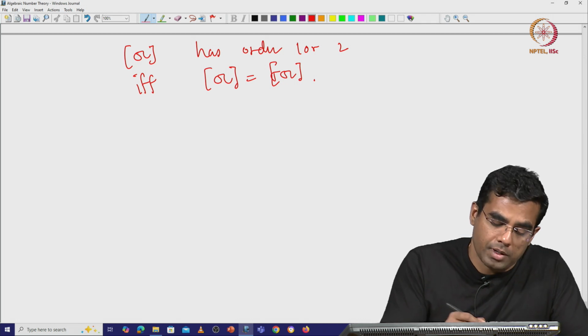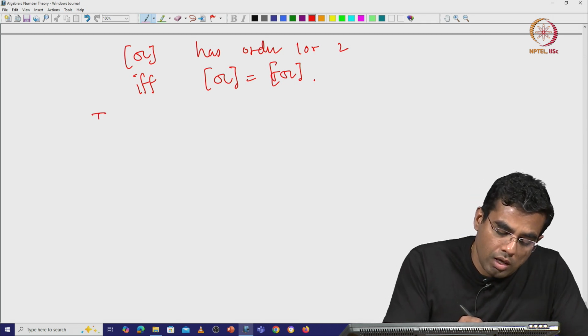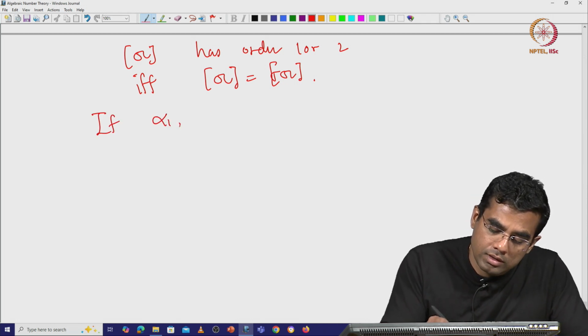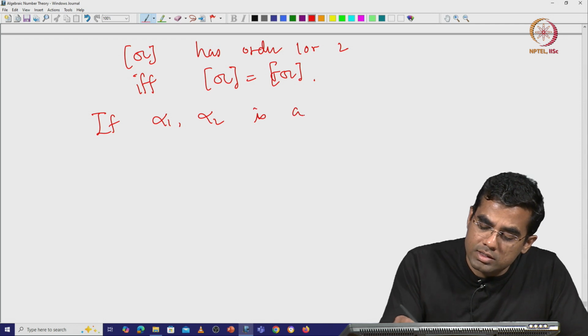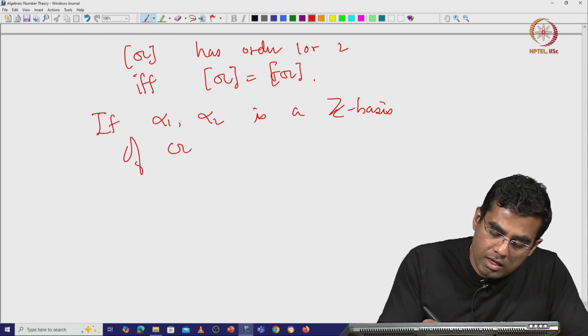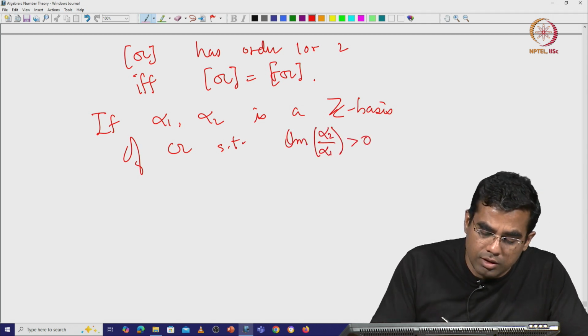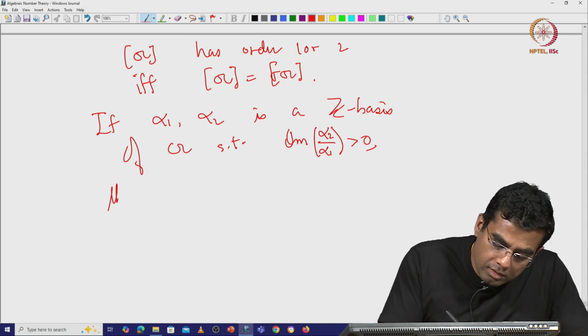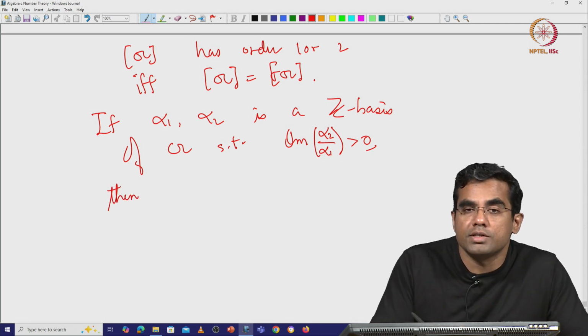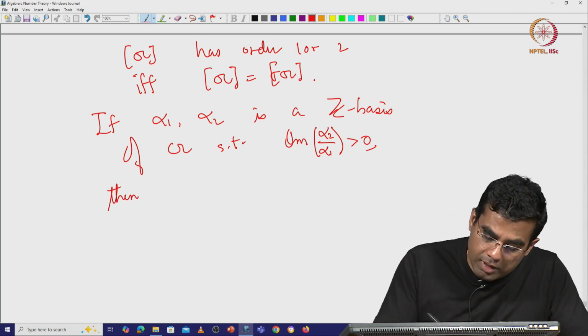How did we get that bijection? If alpha 1, alpha 2 is a Z-basis of A such that the imaginary part of alpha 2 by alpha 1 is bigger than 0, then we have a Z-basis of sigma A as well.